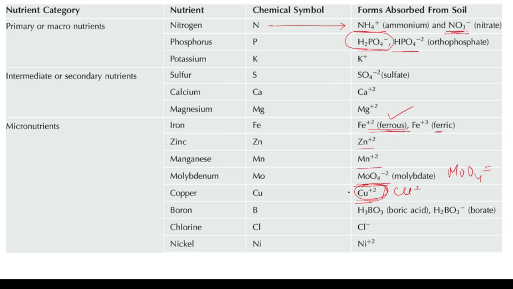Ferrous is available, but in the case of copper, the cupric ion is available. Boron as boric acid H3BO3 and borate ion H2BO3 minus. Chlorine as the chloride ion and nickel as the nickel 2 plus ion, okay, clear.